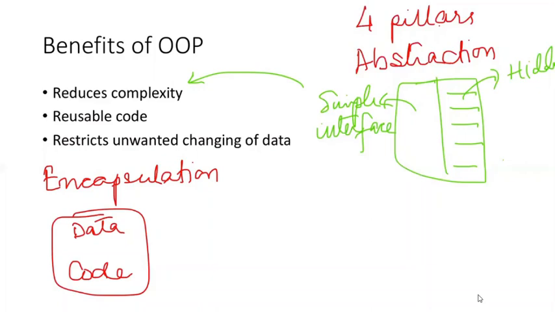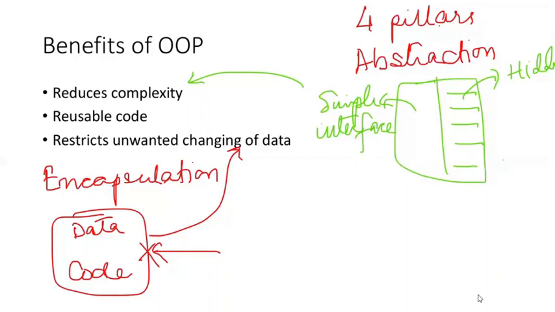As a result, the unwanted changing of data can be removed, because if anyone from outside tries to change the data of an object, that is not allowed. So encapsulation helps in restricting unwanted changing of data.